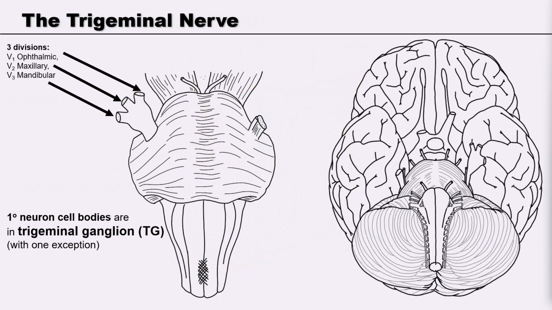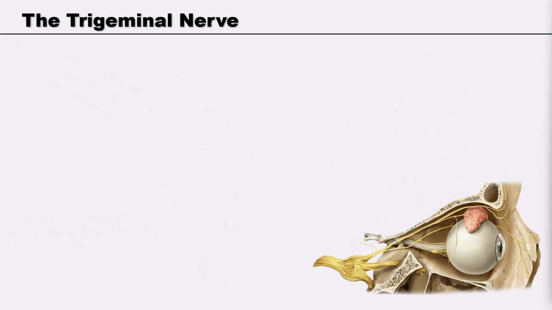Moving backwards, we need to have a look at the origins of these nerves. These nerves originate at the trigeminal ganglion, which comes from the pons region of the midbrain. The ganglion houses the cell bodies of the first-order neuron in our 3-neuron pathway. Here we can see the trigeminal ganglion a little more clearly in situ.